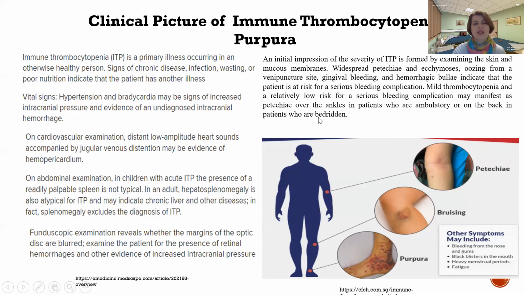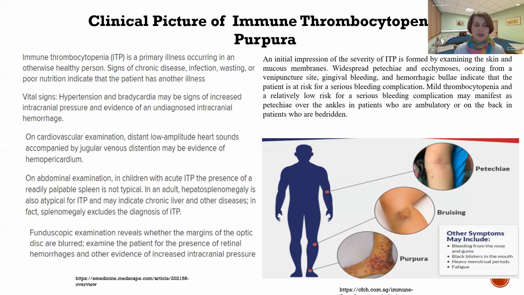purpura is the primary illness occurring in otherwise healthy persons, and signs of the chronic disease, infection, wasting, or poor nutrition indicate that the patient has another illness. Vital signs: hypertension or bradycardia may be signs of increased intracranial pressure and the evidence of undiagnosed intracranial hemorrhage. On cardiovascular examination, distant low-amplitude heart sounds accompanied by the jugular venous distension may be evidence of hemopericardium.